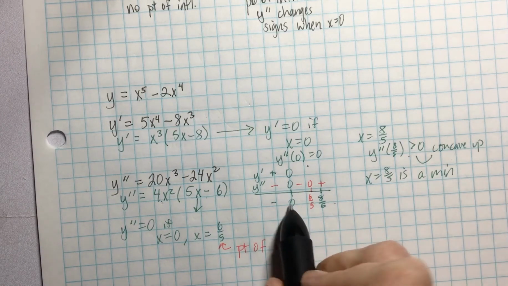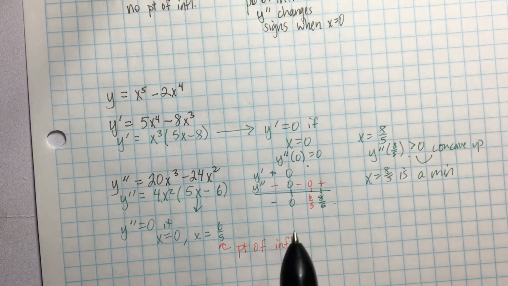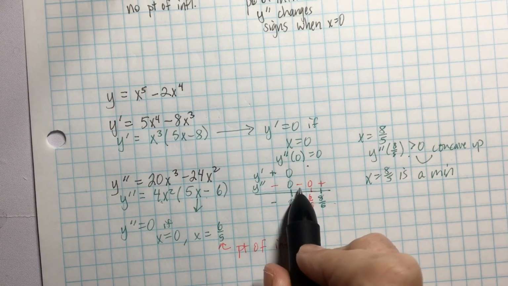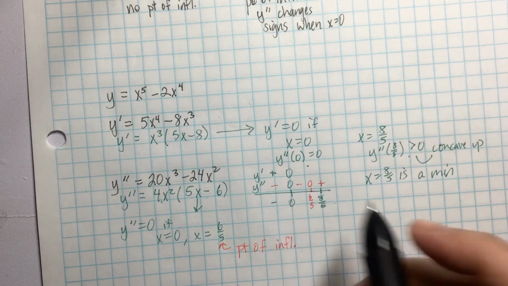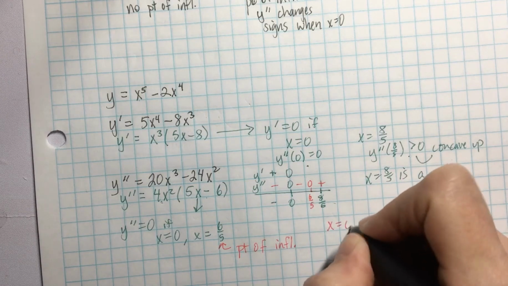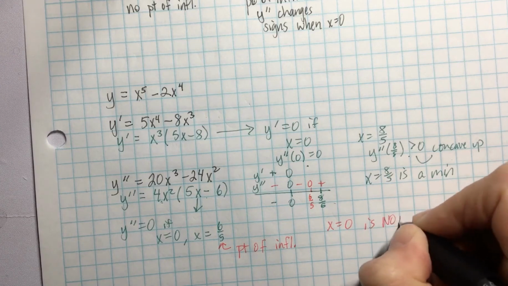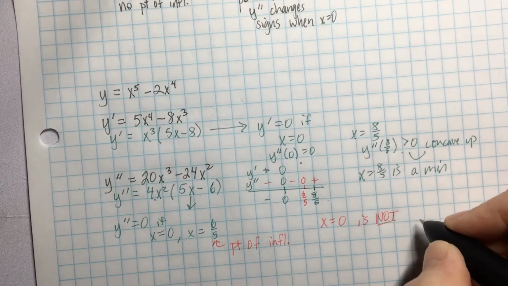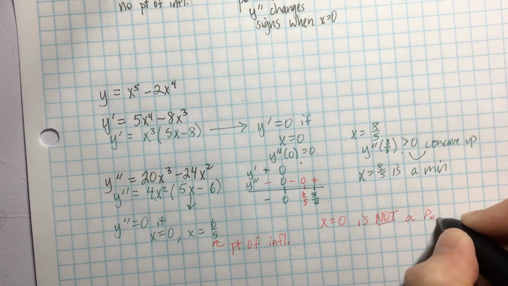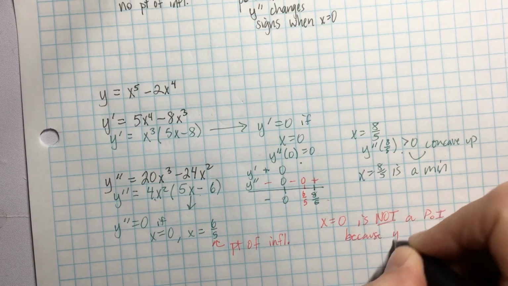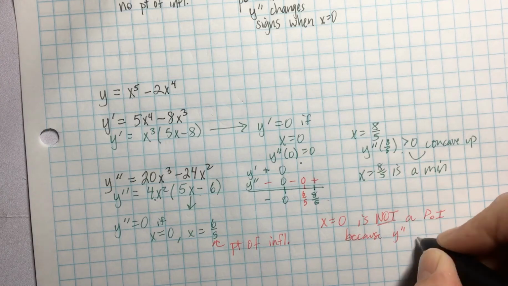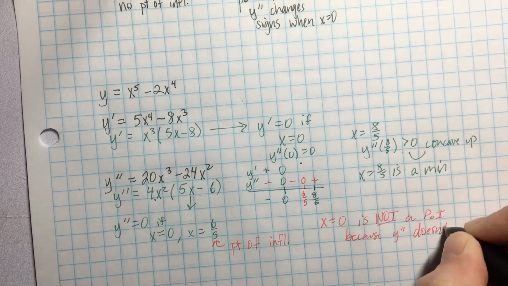X equals 0 is not a point of inflection because there is no sign change for y double prime. So x equals 0 is not a point of inflection because y double prime doesn't change signs.